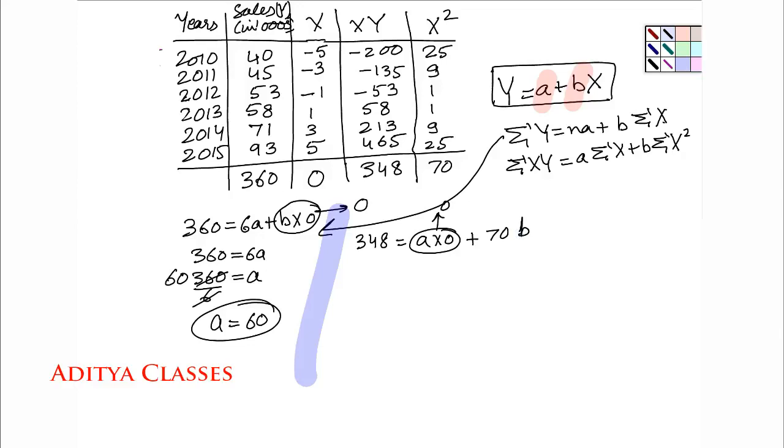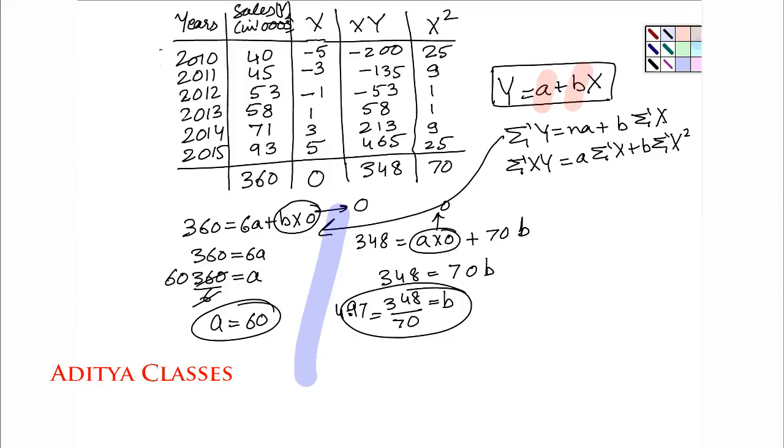So I have 70b. Now as the first term is 0, I get 348 is equal to 70b. So my b comes down to be 348 upon 70, which gives me 4.97. This is the value of b.